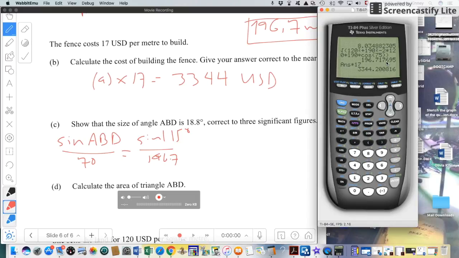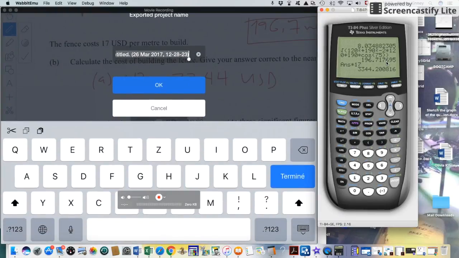So I'm going to end up using the inverse sine of 70 times the sine of 115 in the numerator, and then the denominator is again 196.7.